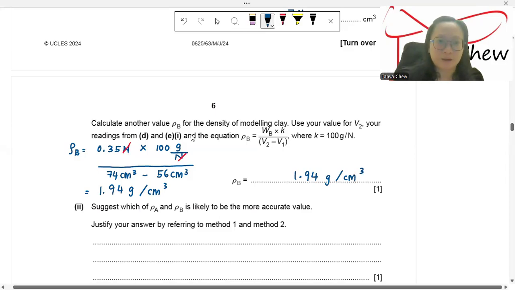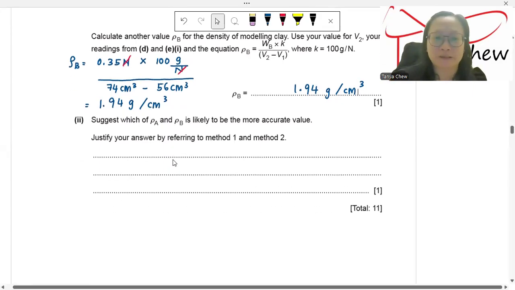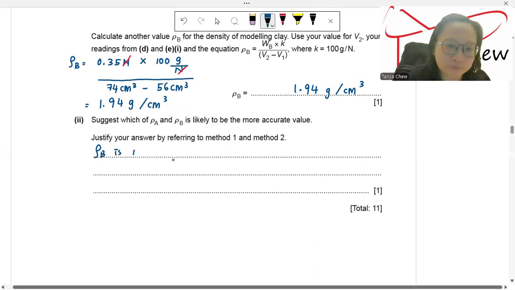That's it. Now, the second part: suggest which of rho A and rho B is likely to be more accurate value. Justify your answer by referring to method 1 and method 2. I would say that rho B is more accurate. So I suggest rho B is more accurate.